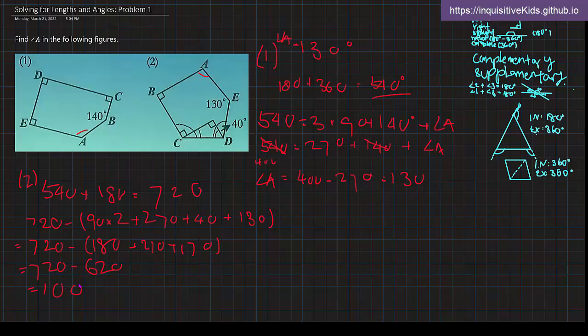And after we subtract that is 100, right? So for number 2, angle A equals 100 degrees.